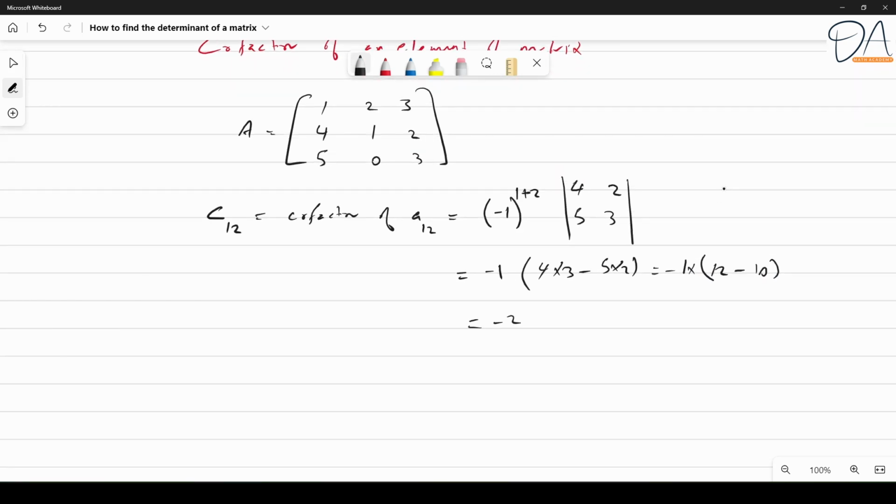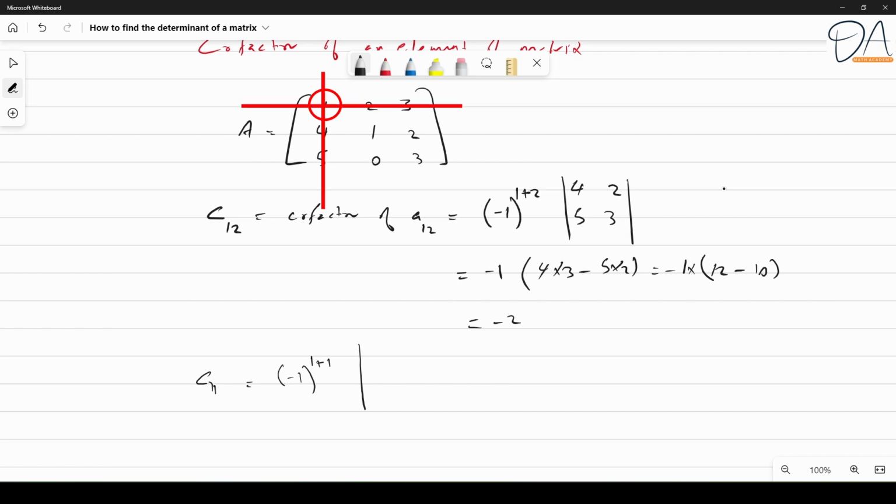Let's look at another example. Say we want the cofactor of the element in row 1 and column 1. Again, we do the same thing. We have the coefficient -1 to the power of the sum of the row and the column, so 1 plus 1. Then we have a determinant that we get by eliminating the row and the column in which this element is located, row 1 and column 1.